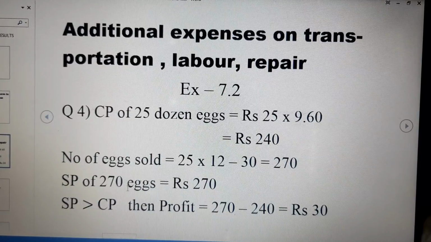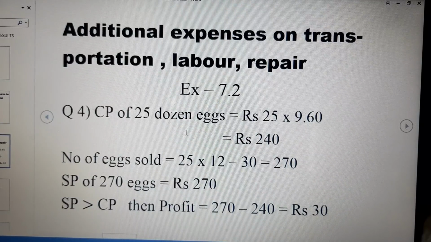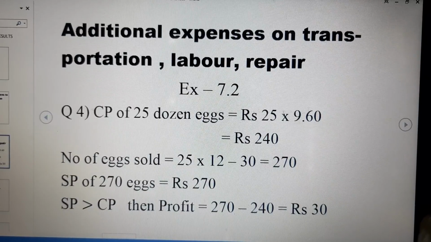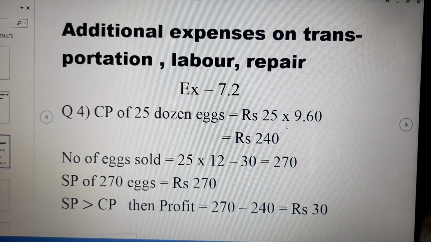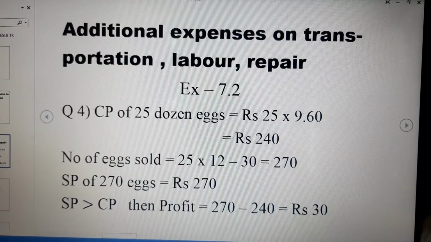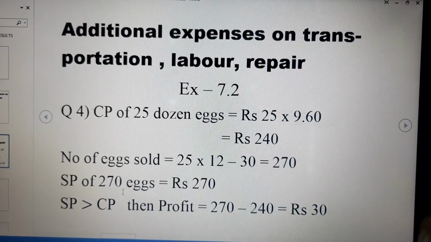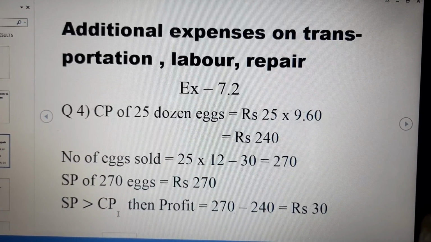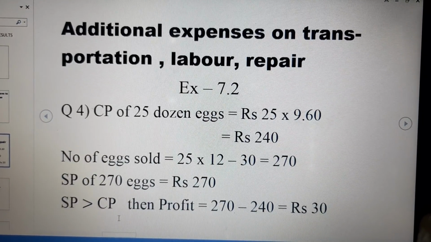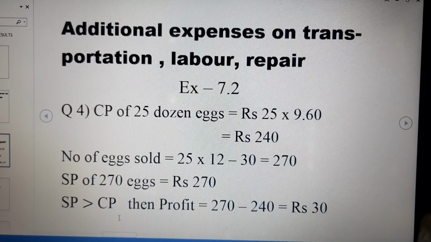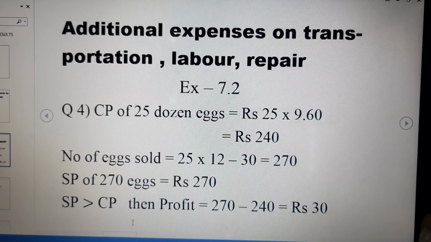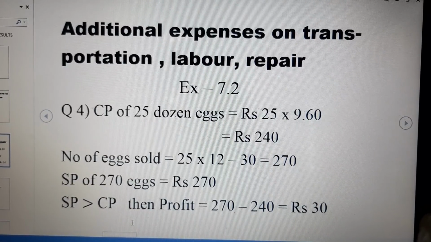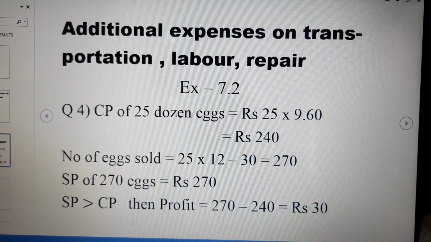The question says that the cost price of 25 dozen eggs is given at rupees 9.60 per dozen. Clear? And eggs were purchased, and then after that it was found that 30 eggs were broken somehow, because they have to be brought from one place to another place.